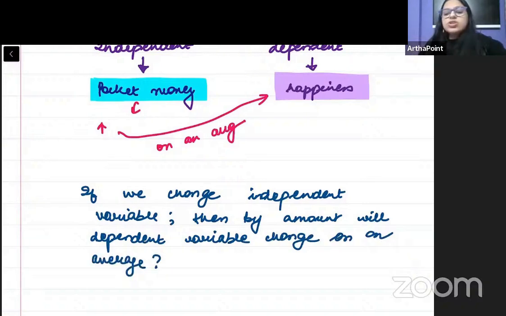So on an average, dependent variable कितने से बदलेगा जब independent variable will change, that is what is called as your first objective of regression, right, beta?